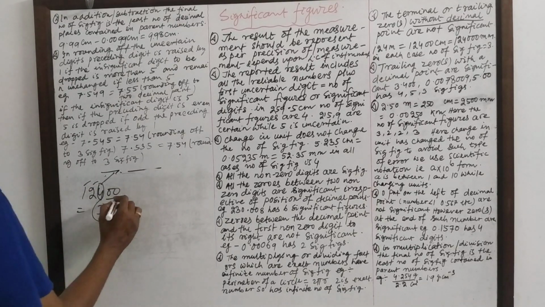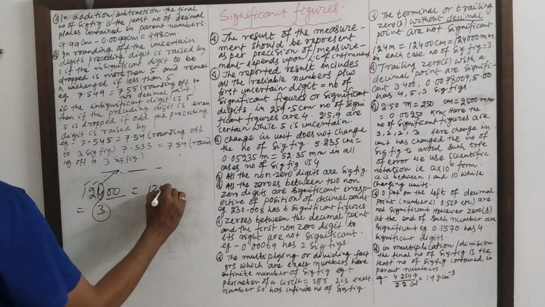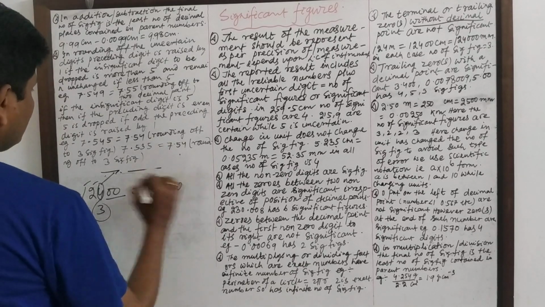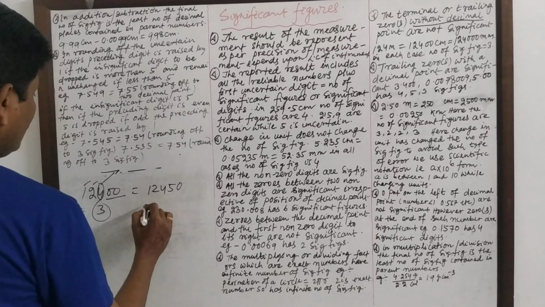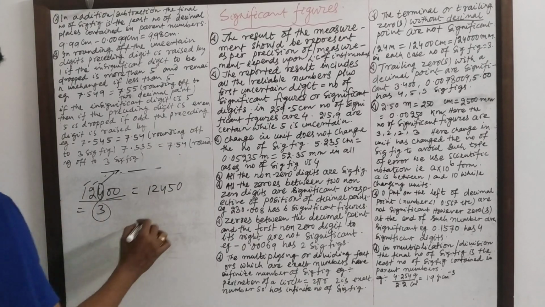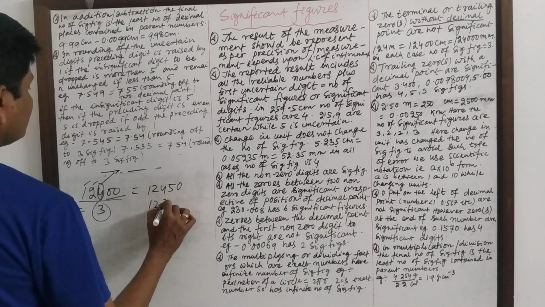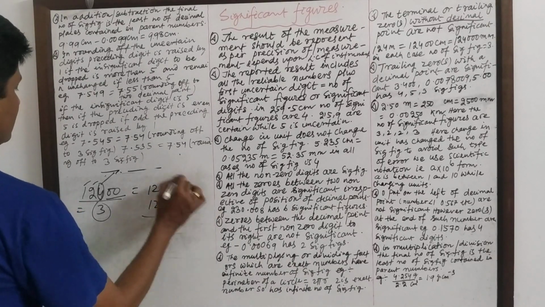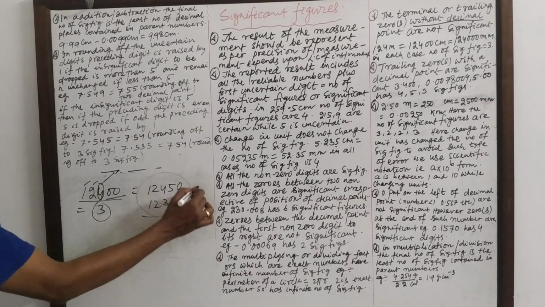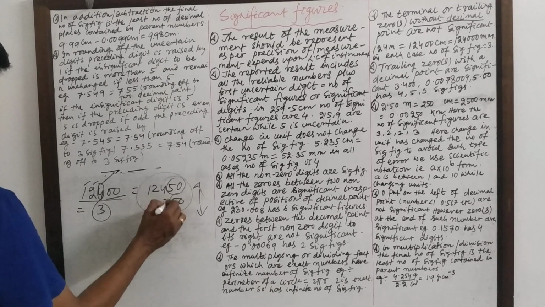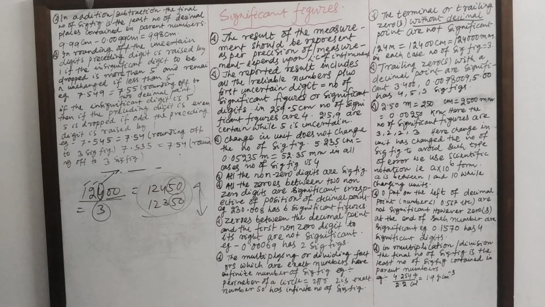Here the number of significant figures is 3 because in 124 the fourth number is uncertain. This number is between 12450 and 12350, its range is in between these. So these two zeros are insignificant.